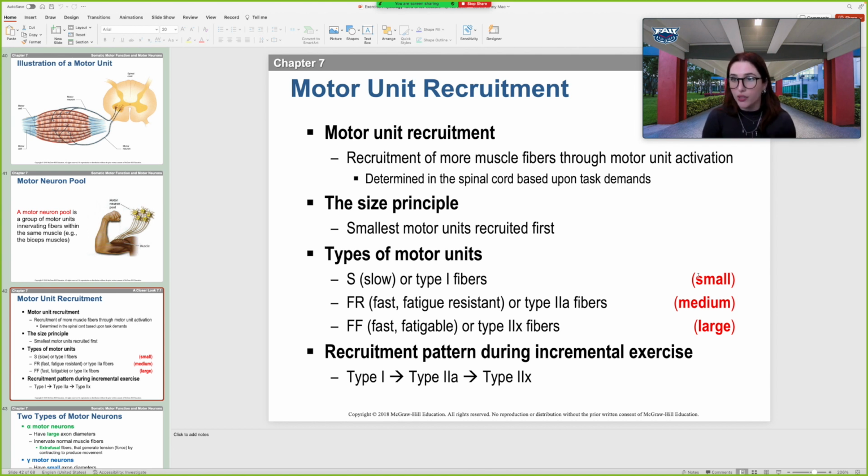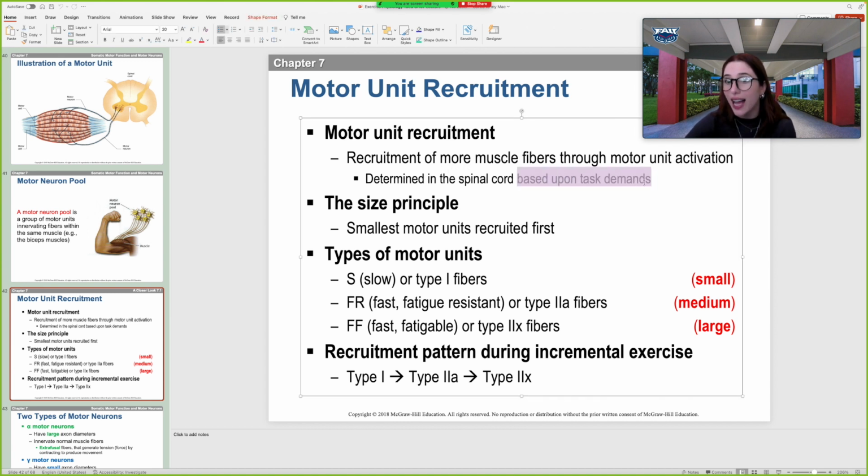The example I used in class was if I pick up a 5-pound dumbbell, I want to move my arm appropriate for that 5-pound dumbbell. I don't want to pick up that dumbbell as if I'm picking up a 50-pound dumbbell or else I'm going to smack myself in the face with it, right? We have to have that precise recruitment of muscle fibers based upon task demands.